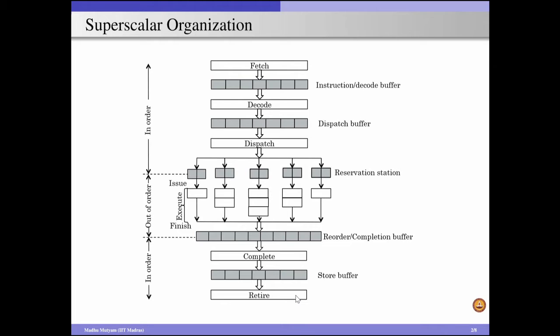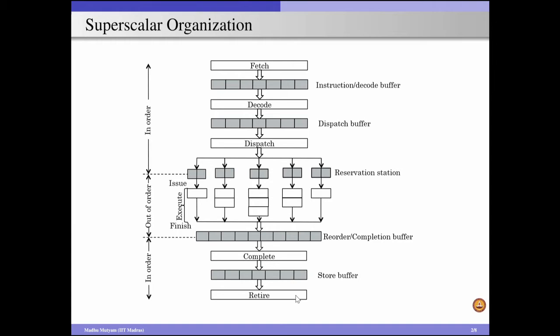So each of these pipeline stages in the superscalar processor has a specific role to play. The fetch stage is going to fetch the instructions, the decode stage is going to decode the instructions, and the dispatch stage is going to dispatch the instructions to various functional units or associated reservation stations. Reservation stations keep all the instructions which are waiting to be executed by the functional units, waiting for the operands to be available.